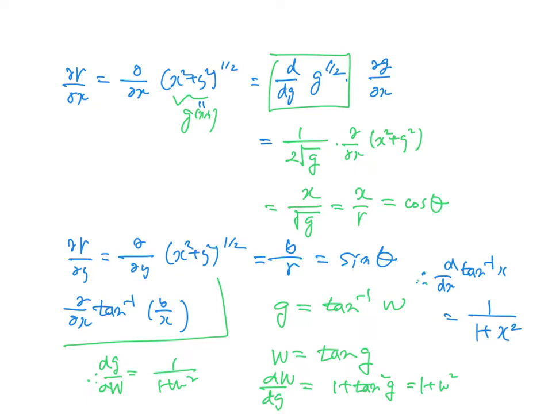So we now have two more relations. Can I continue? Do you need to copy? So theta is the inverse tangent of y over x.